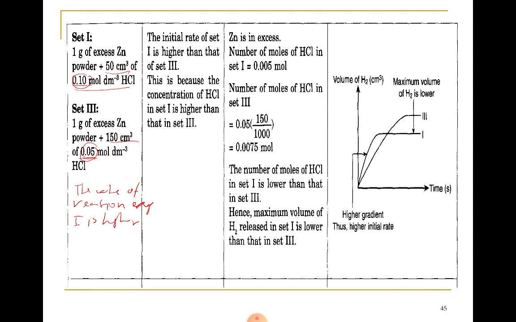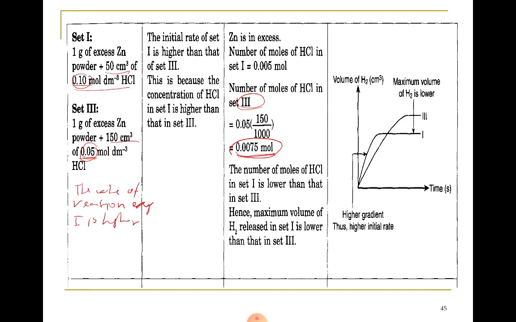Okay, macam mana kita nak kira pula volume of the hydrogen gases released? So, macam cikgu cakap tadi, kita kena kira bilangan mol dia lah. So, yang ni eksperimen 1, kita kira eksperimen 3. Eksperimen 3 kita kira 0.0075 mol. Okay, so kita dapat ini dia punya number of moles.